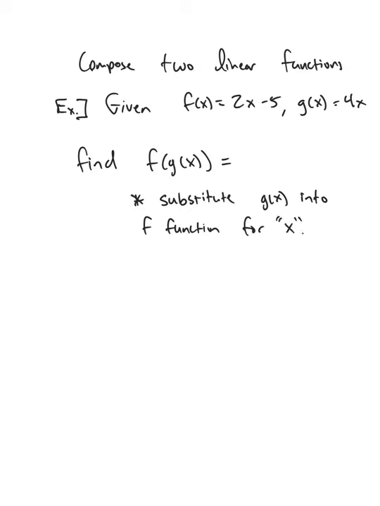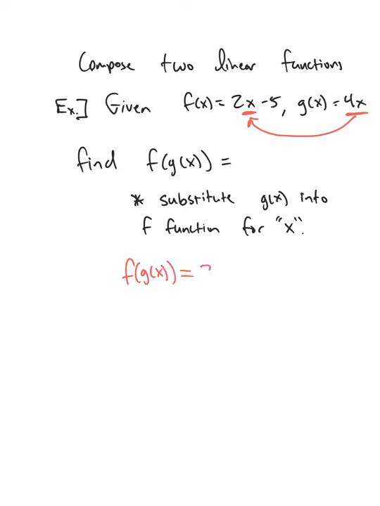Okay, so if you're looking at this f function, guys, you see where the x is. We're going to take what g of x is equal to, 4x, and we are going to substitute it in there.